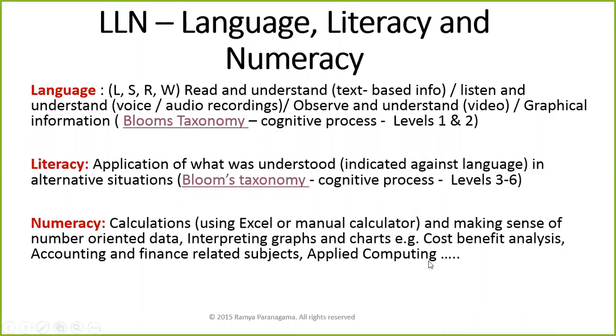Some common examples are cost-benefit analysis, accounting and finance related subjects, applied computing, even IT, management, administration, across the board, coming from learning to the house budget. You need to have the cost-benefit analysis. So it's such an important element.